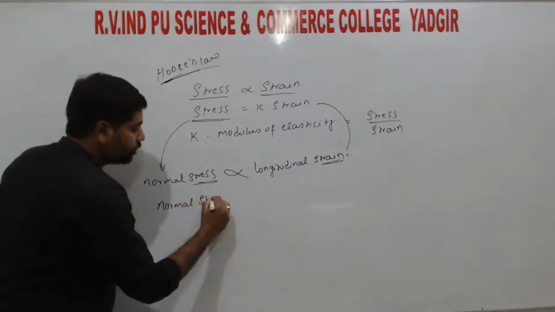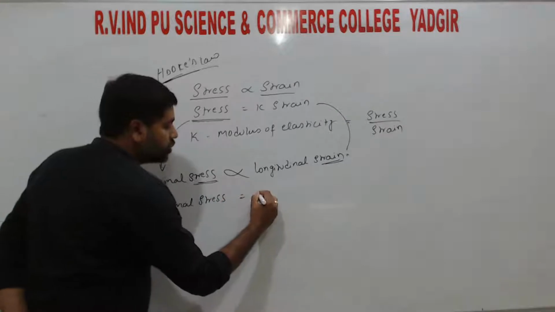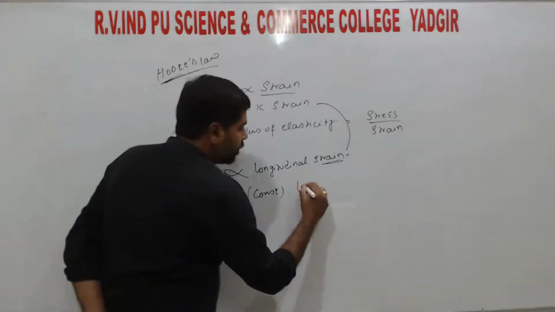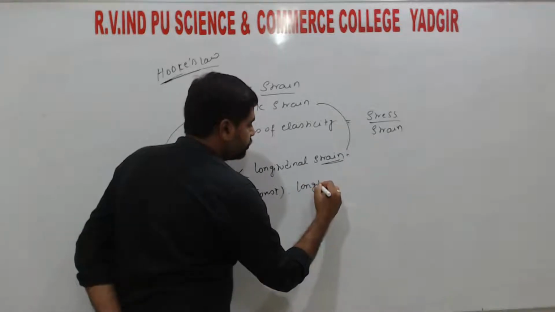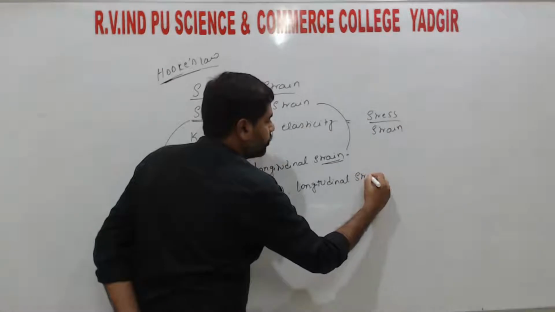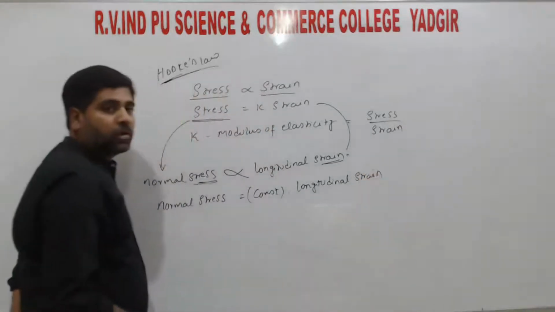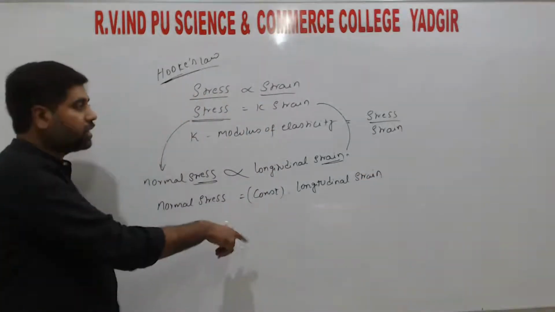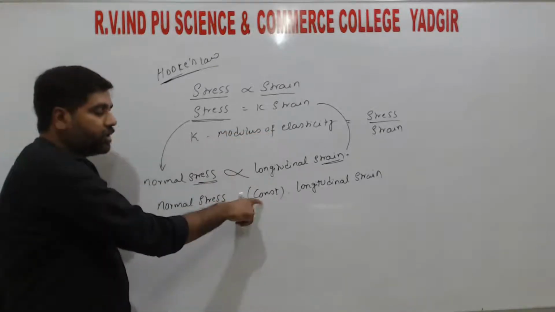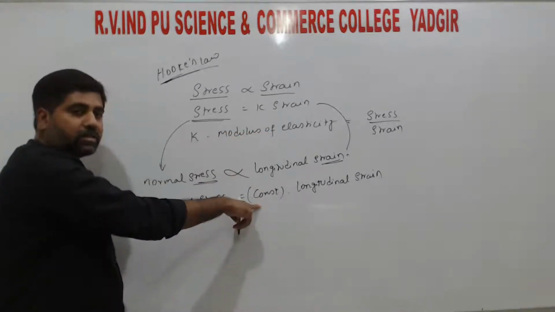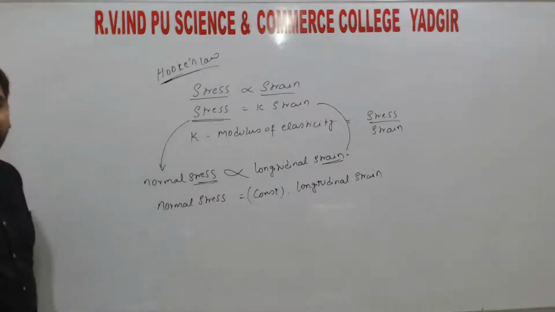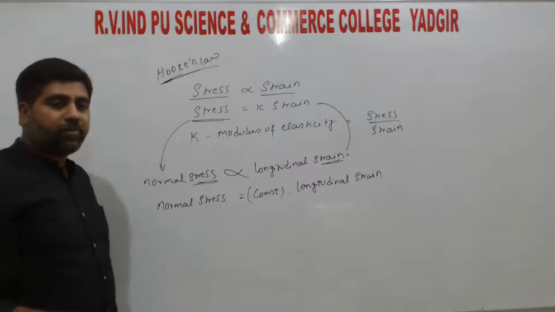Hence normal stress is equal to some constant times the longitudinal strain, right? This constant we give a name. Here the constant is the modulus of elasticity for the particular normal stress, and we have given it a name.